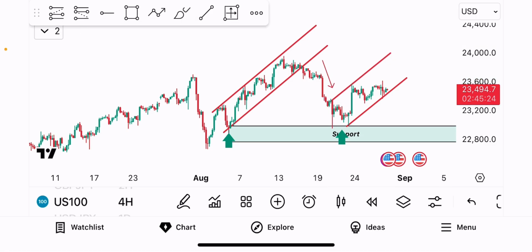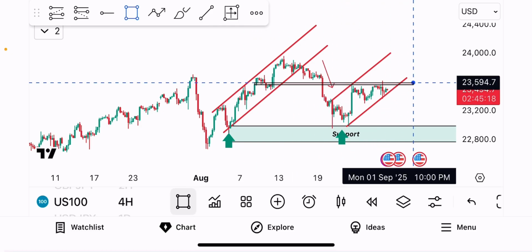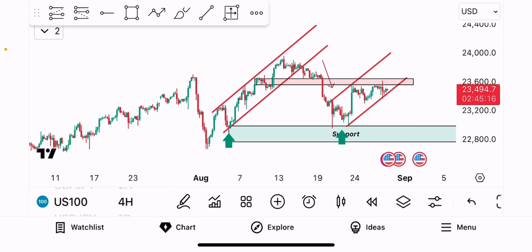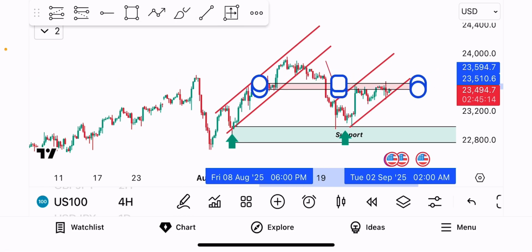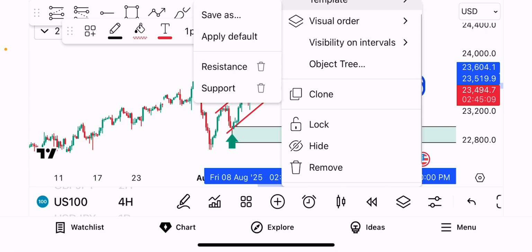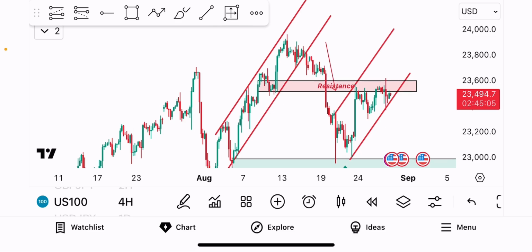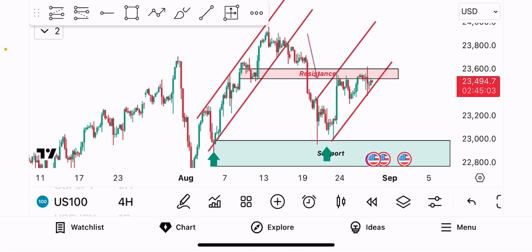Okay, but right now what we can notice is that price is getting rejected at some point. So we can see this level here. We can also see this level at this area. Let me mark it as a resistance level. Okay, so we can see that the market is finding it difficult to break through.